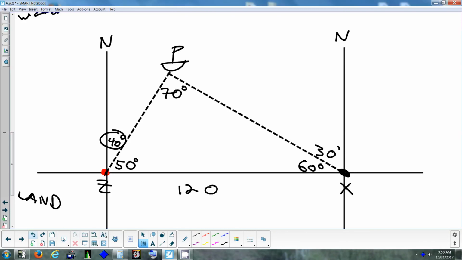The reason I want the angle at the top is because I know the side across from it. Here's your complete row in the law of sines. Sine of an angle, divide by what's across from it. Now, let's just call that side A and that side B. That's the distance from the boat to each station.